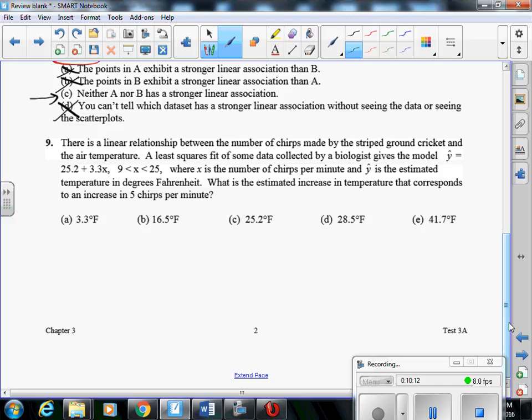What is the estimated increase in temperature that corresponds to an increase of 5 chirps? If I'm increasing x, the number of chirps, they want me to know what is going to happen to my temperature.